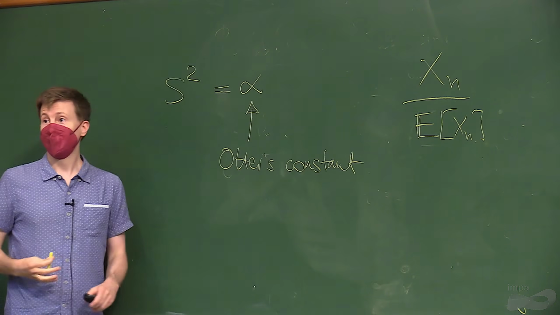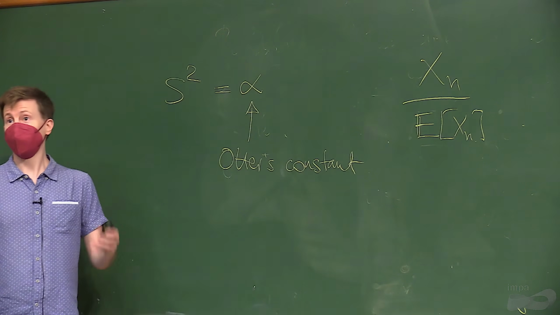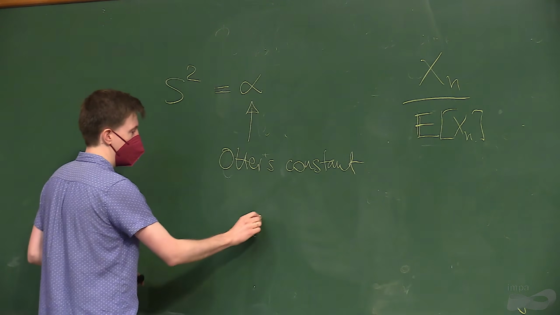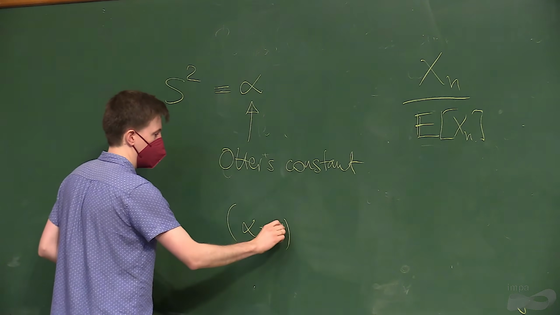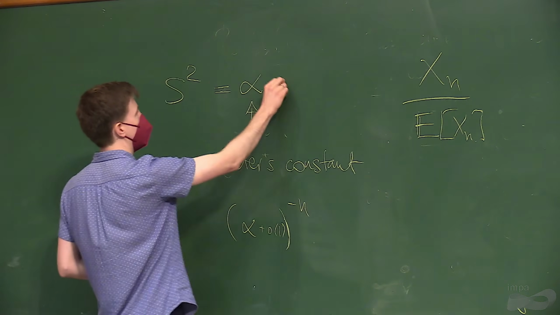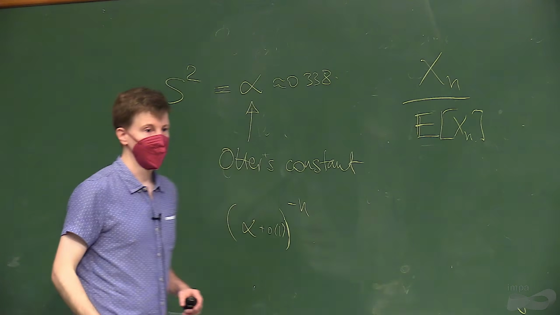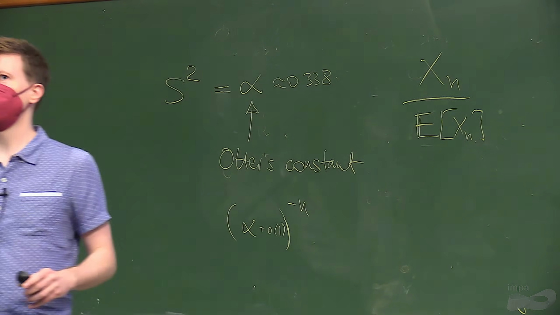If you look at the number of unlabeled, unrooted trees on n nodes, they grow roughly like alpha to the minus n, and this is like 0.338. Any questions?